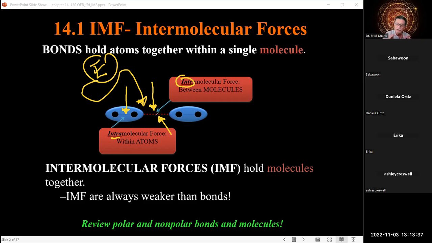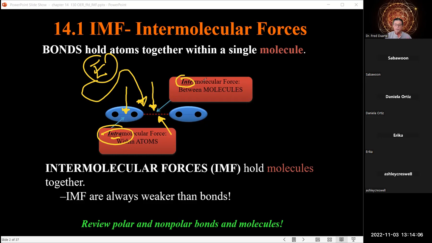And all we're doing is breaking up those intermolecular forces. We are not breaking up the intra. Intra means that we are breaking the bond, which would take a lot more energy than just the intermolecular forces. That's the big difference. Intra, a whole bunch of energy to break up that bond.